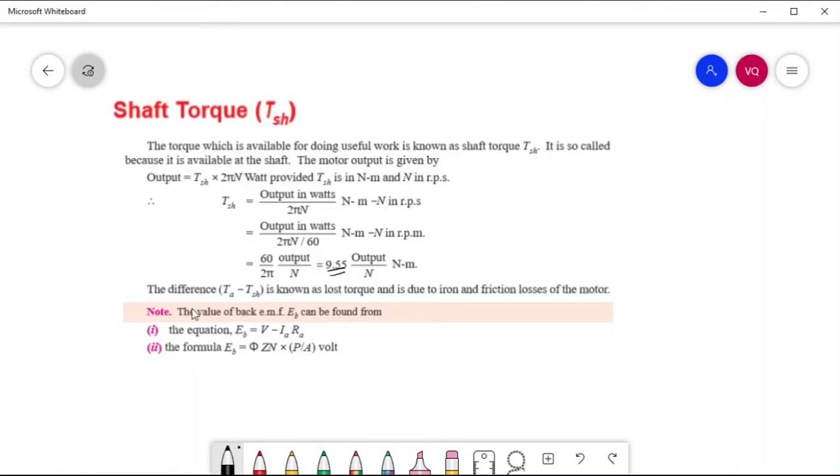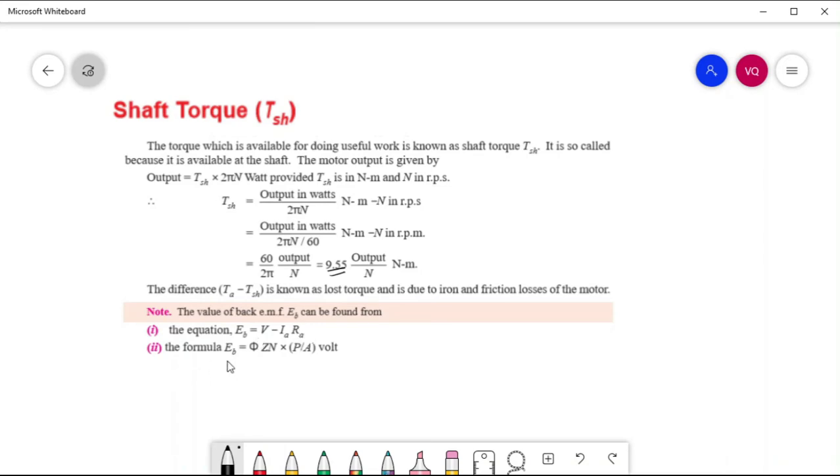The difference between the armature torque and the shaft torque is known as lost torque and is due to iron and friction losses of the motor. Note, the value of the back EMF can be found from the equation EB is equal to our source voltage minus IARA for shunt, and it is different from other types of motors.